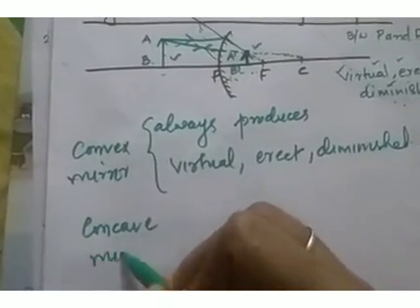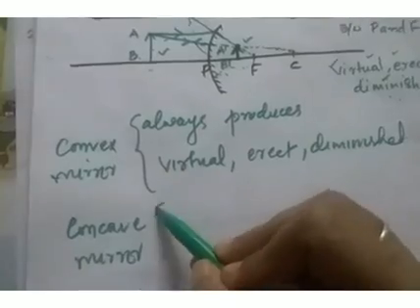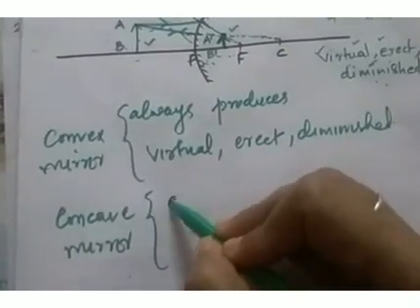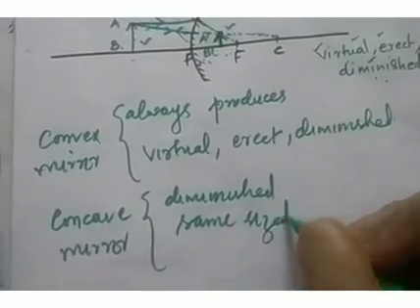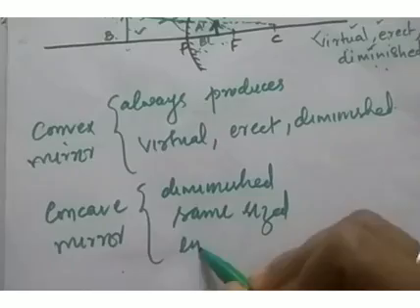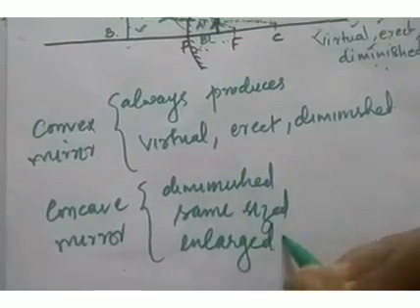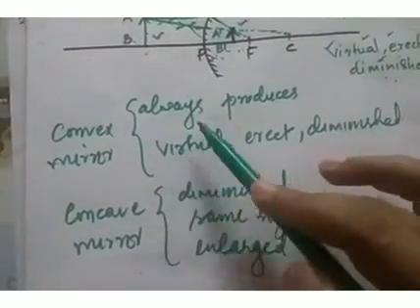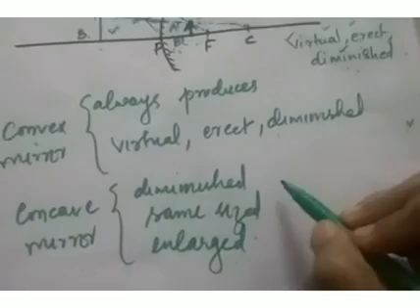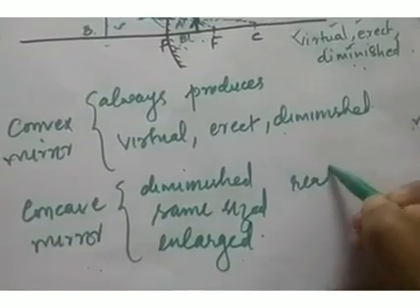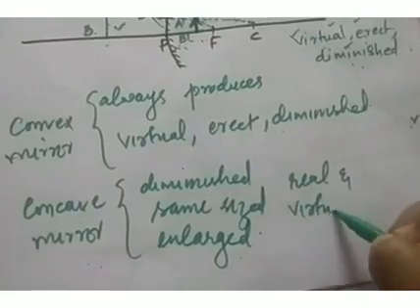A concave mirror can produce variety of images actually, isn't it? A concave mirror can produce a diminished image. It can produce same sized image. It can also produce highly enlarged image. Okay, but convex mirror always produces virtual, erect, diminished image. Concave mirror can produce diminished, same sized, enlarged image. Also it can produce real and virtual image.